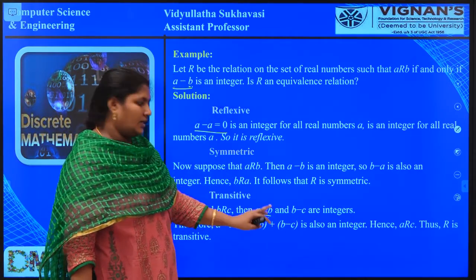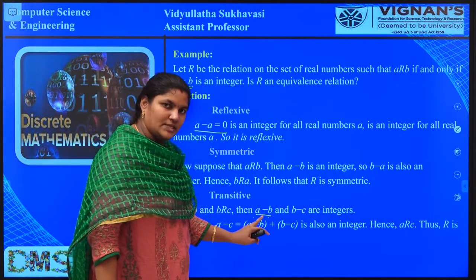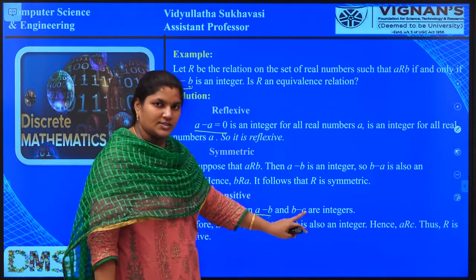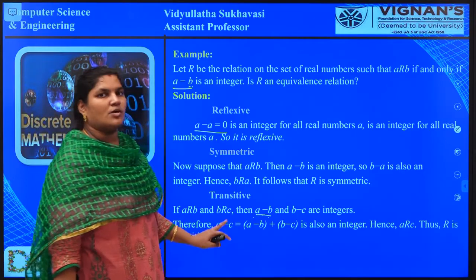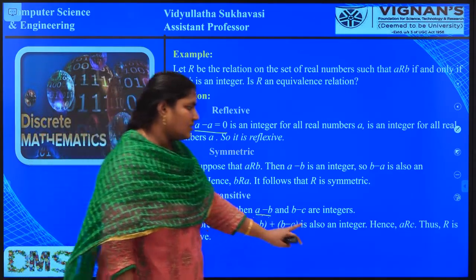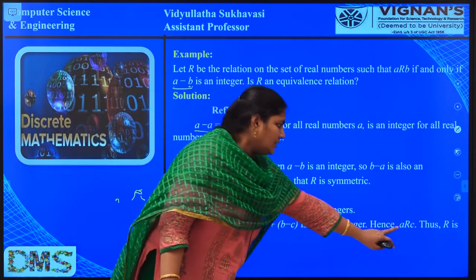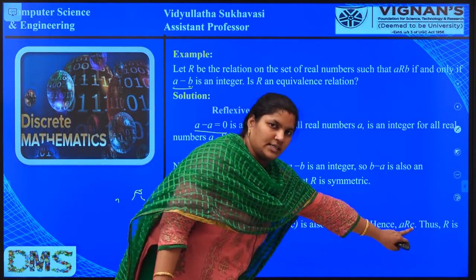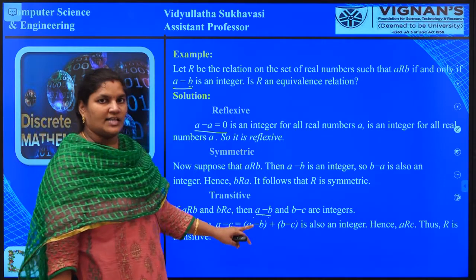That means when a minus b is satisfying and b minus c is also satisfying, a minus c is also satisfying for the integer values. So this is also satisfying. That means a is in relation with c. So this is satisfying the transitive property.